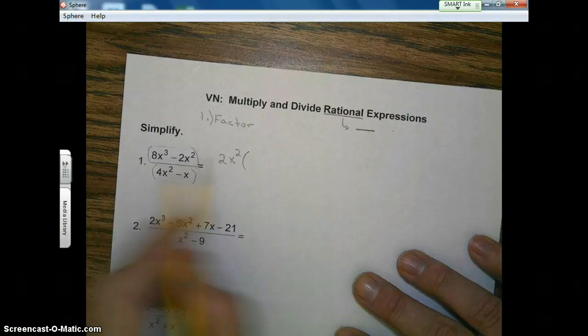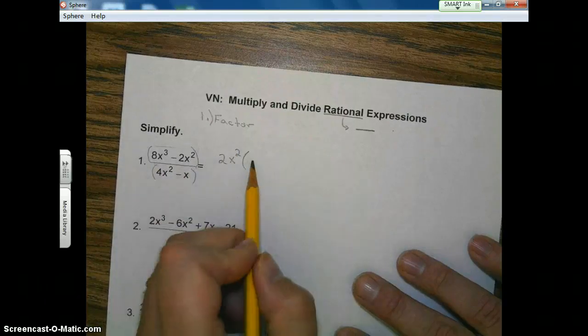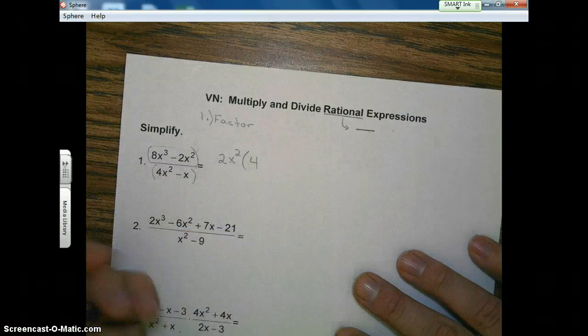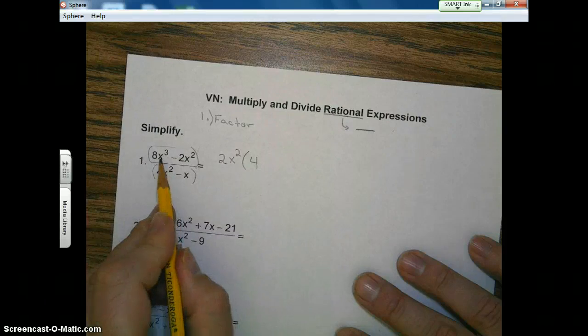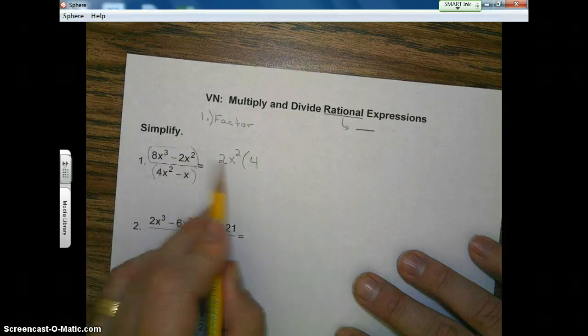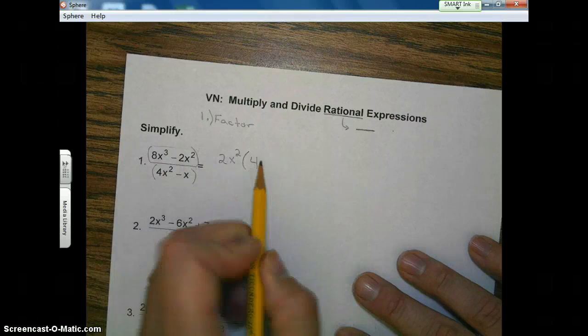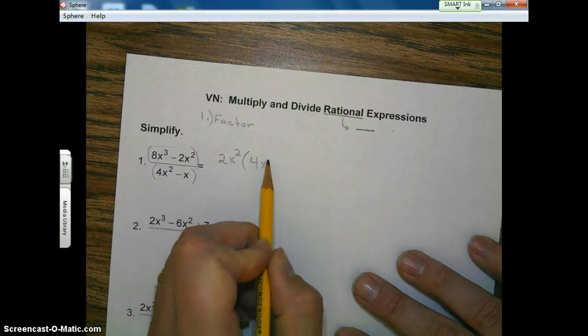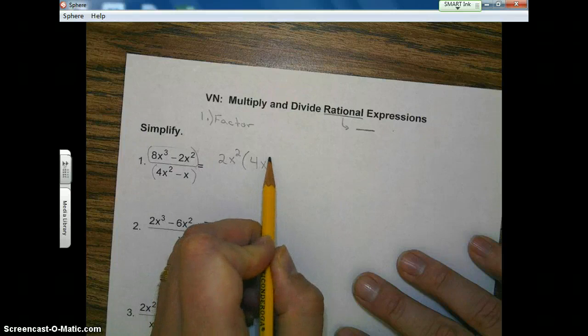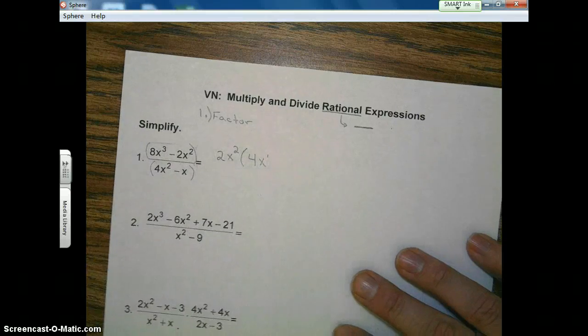So 8 divided by 2 is 4. Now when we have like bases, we subtract the exponents. So 3 minus 2 is 1. I don't need to write the 1 in here.